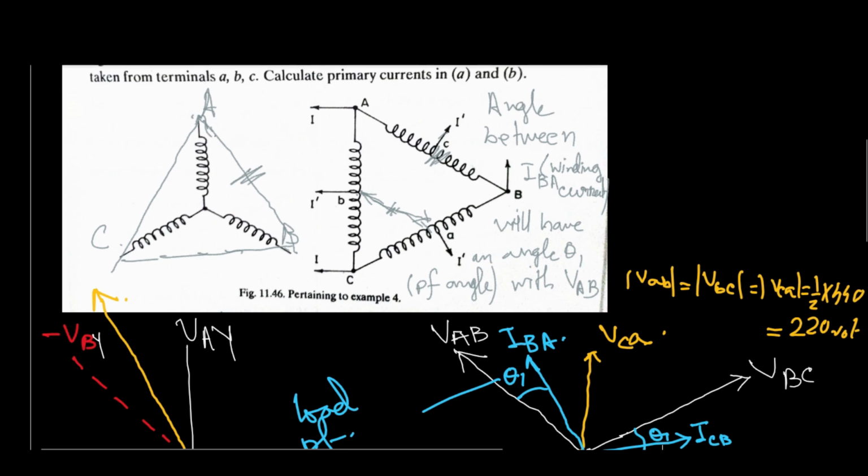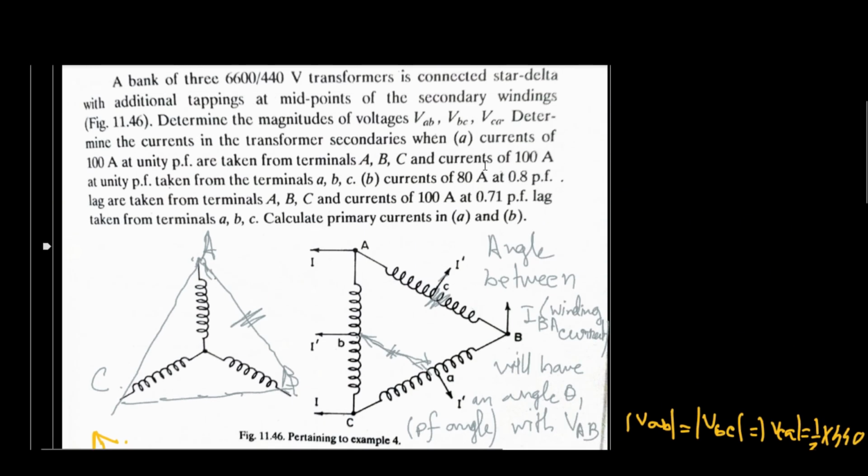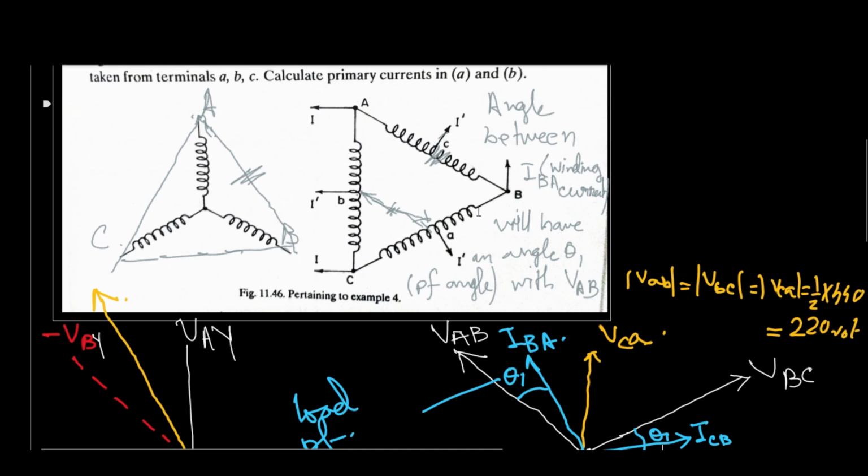However, in case of this I dash A, I dash B, I dash C, here you have to understand one thing, that one part of the winding flows in I dash small ca, another part is flowing in I dash capital BC, right?